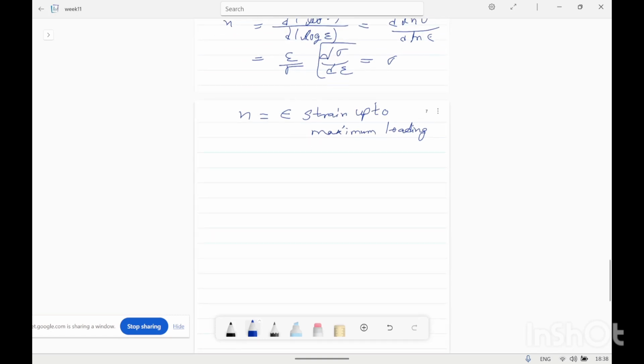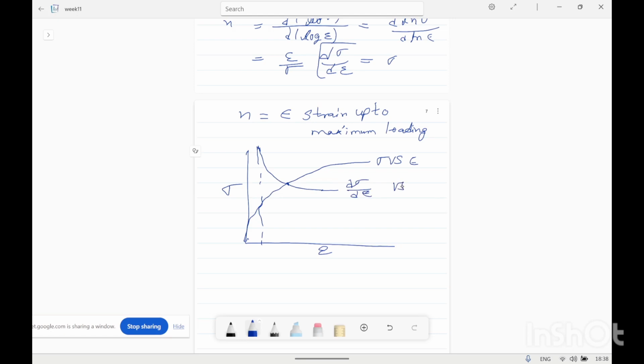If we plot the graph between strain hardening and the general stress-strain curve, sigma versus epsilon, this is the normal curve, and the strain hardening curve will start from the yield point. This curve is of d sigma by d epsilon versus strain.